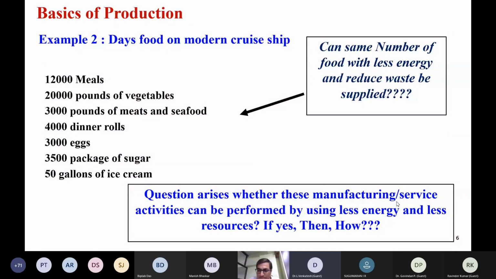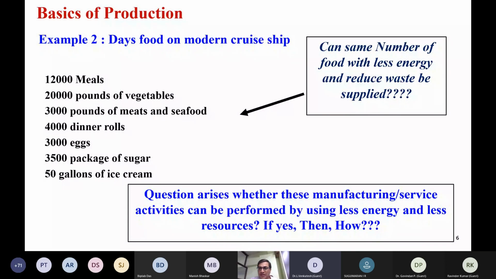Can it be? Yes. If yes, then how? The answer to the how is green and sustainable manufacturing. That is my point, so in that way it comes into the picture.